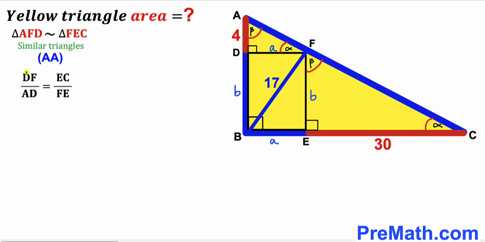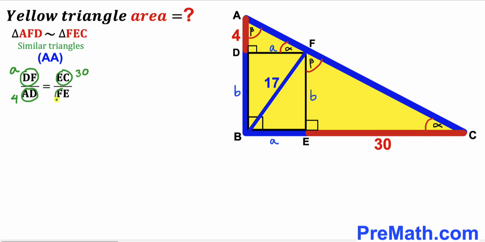And now let's make an observation. We can see this side DF is lowercase a. So I'm going to replace that one with lowercase a over here. The side AD is 4 units. So I'm going to replace that one with 4. And this side EC is 30 units. So I'm going to replace that one with 30.